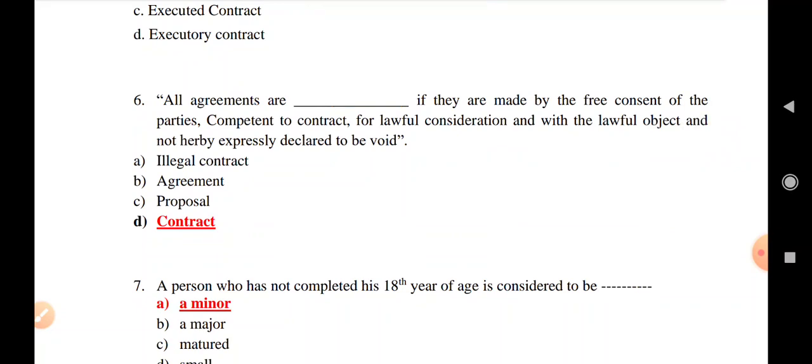All agreements are contracts if they are made by the free consent of parties competent to contract, for lawful consideration and with a lawful object, and are not expressly declared to be void. So if all these essential ingredients are present in the agreement, then only it will be treated as a contract. So you need to choose option D.